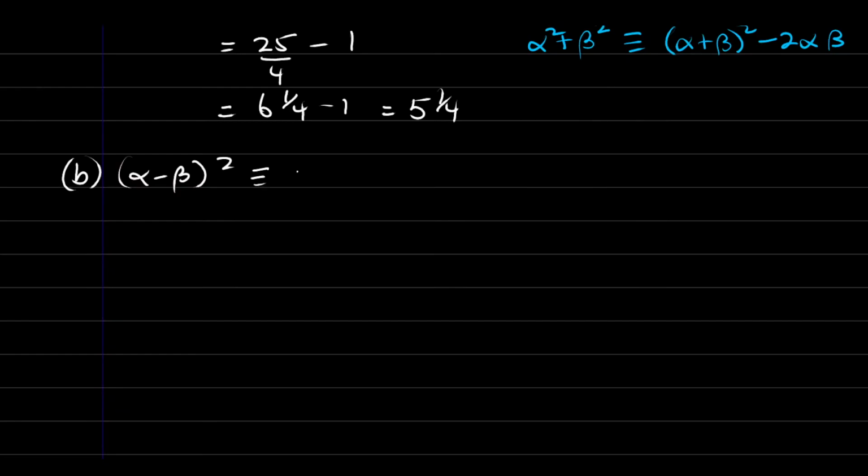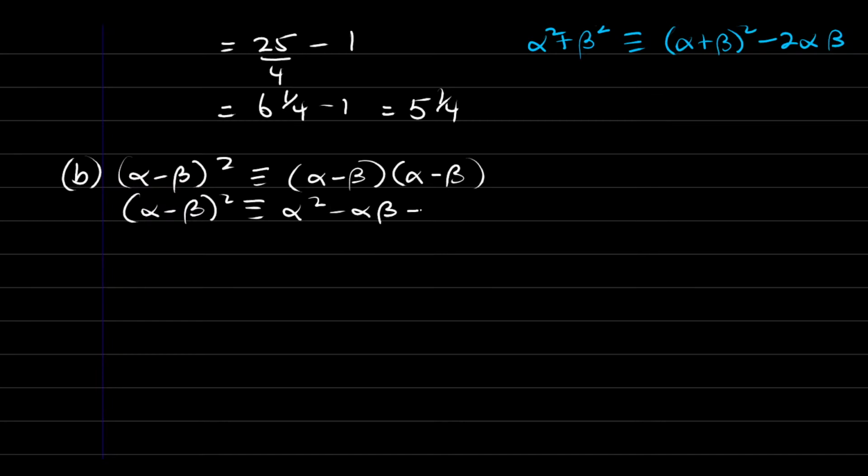So alpha minus beta squared is the same thing as saying alpha minus beta into alpha minus beta, and that is equivalent to alpha squared minus alpha beta minus alpha beta, and then plus beta squared. And I can see that it is equivalent to alpha squared plus beta squared minus 2 alpha beta.